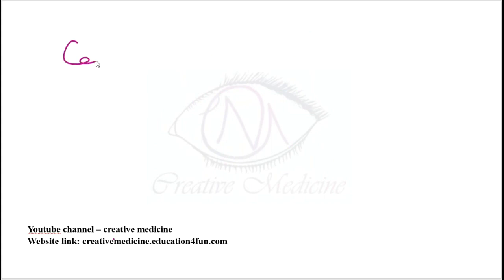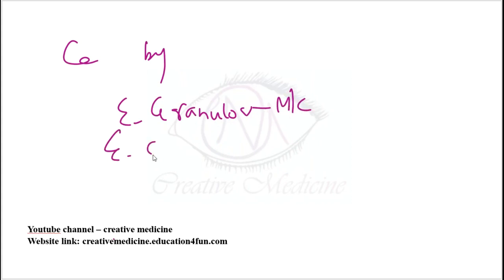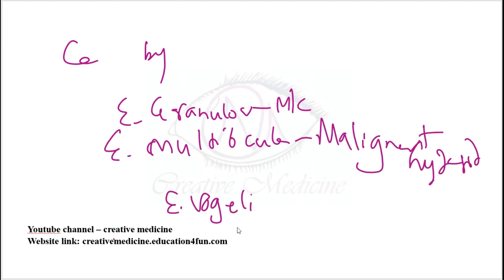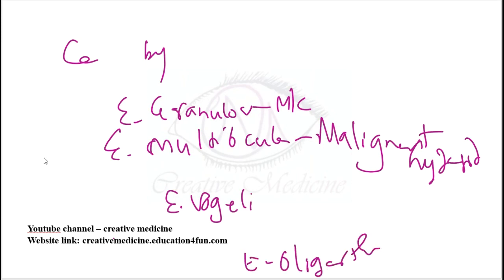It is mainly caused by Echinococcus granulosus most commonly, and it is also caused by Echinococcus multilocularis. Echinococcus multilocularis is responsible for malignant hydatid disease. It can also be caused by Echinococcus vogeli and Echinococcus oligarthus.